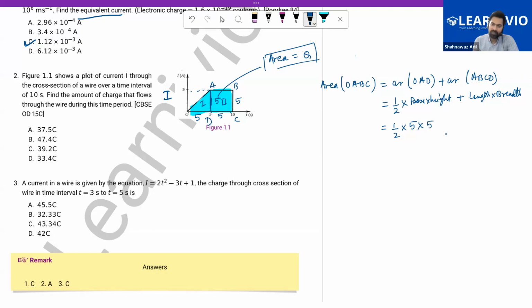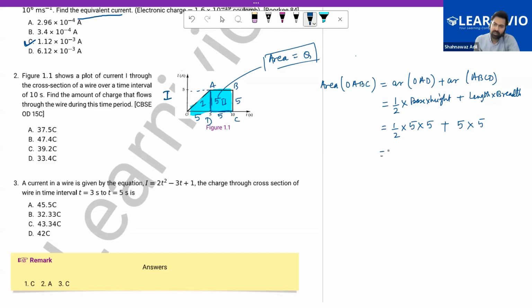The length of this rectangle, DC, is 5, and breadth is also 5.